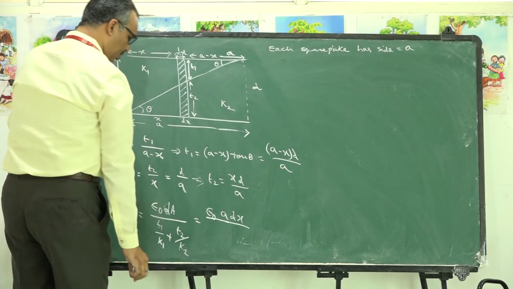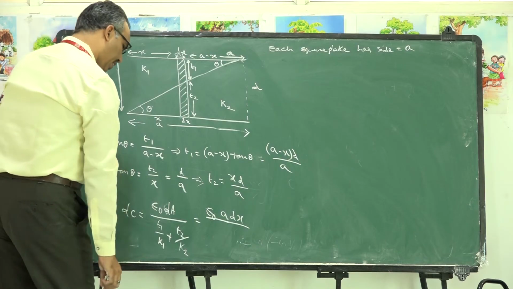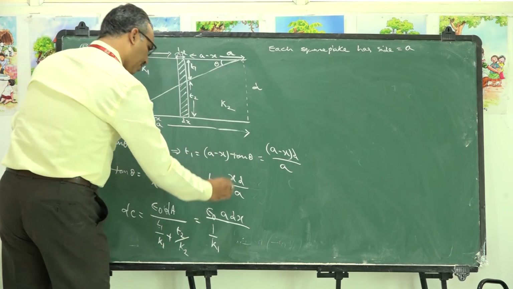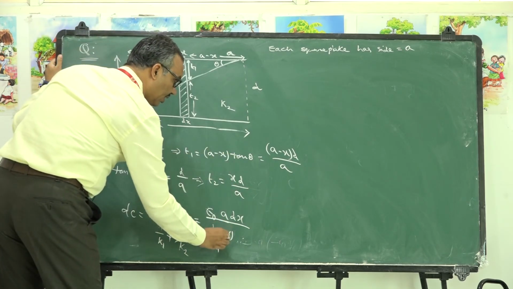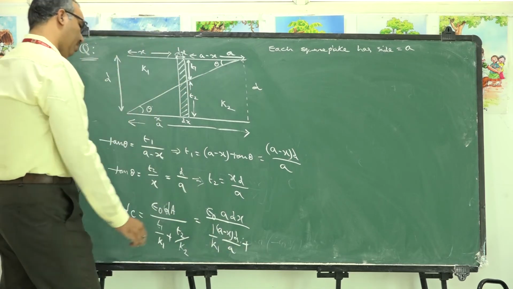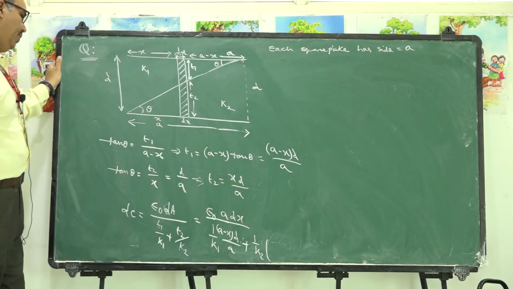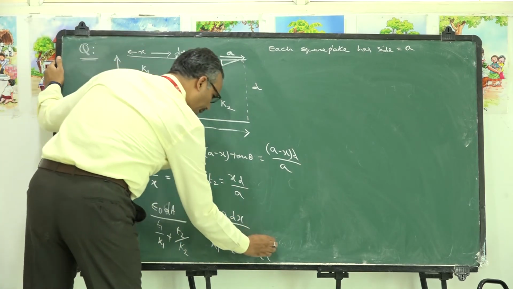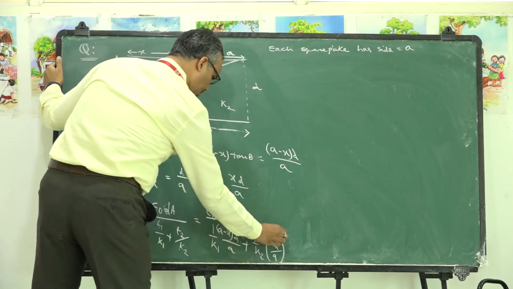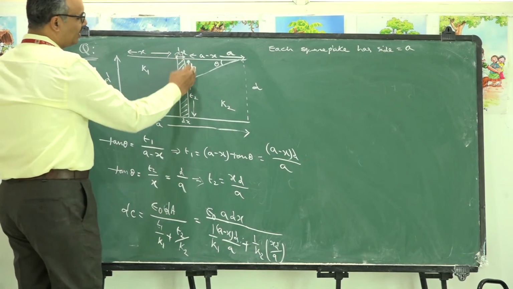Now I calculated the values of T1 and T2, I may substitute them here. 1 by K1 into T1 value, which is given by (A minus x) into d by A, plus 1 by K2 into T2. What is T2? xd by A. So this will be the capacitance of the elemental capacitor that I considered here.